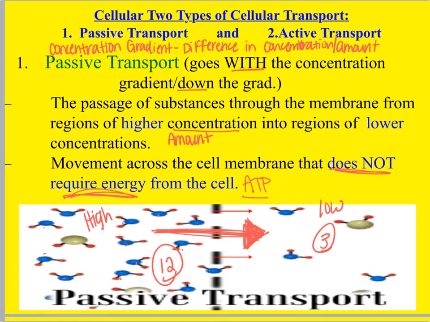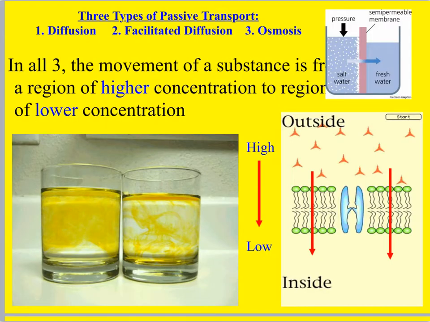It's very important that you understand these things. When we get to active, you will notice the characteristics are opposite. So if you can just remember one, then you can know the other is opposite. So again, in all three, the direction is going to go from high amount to low amount.